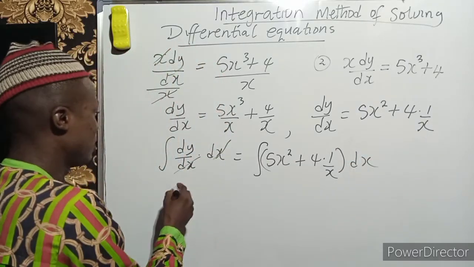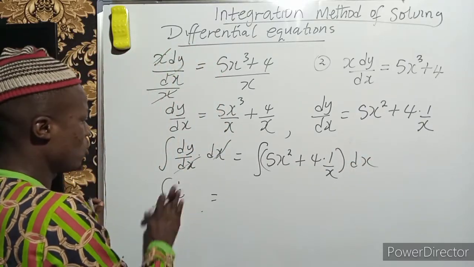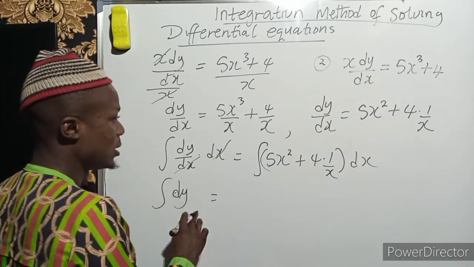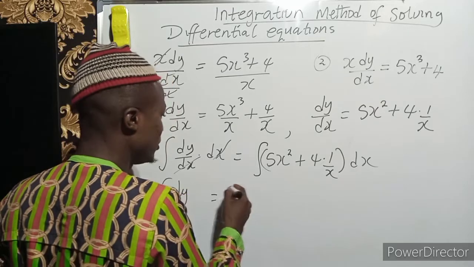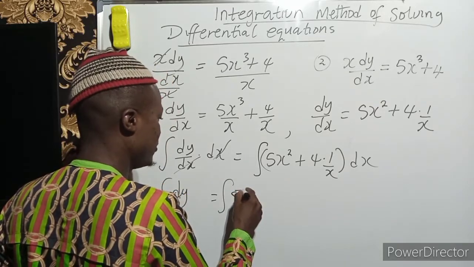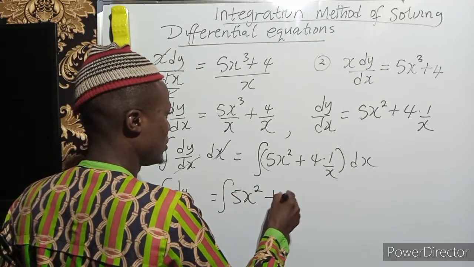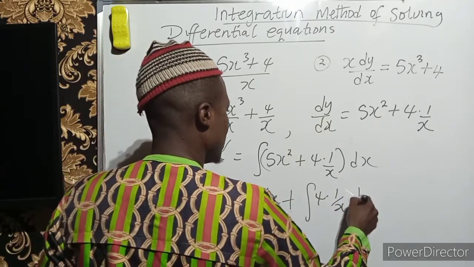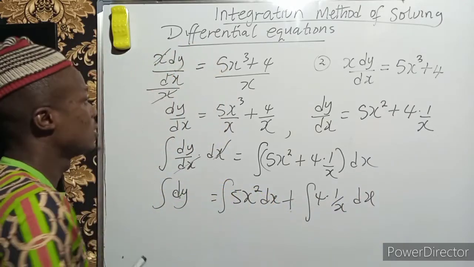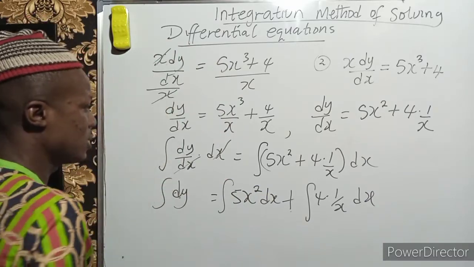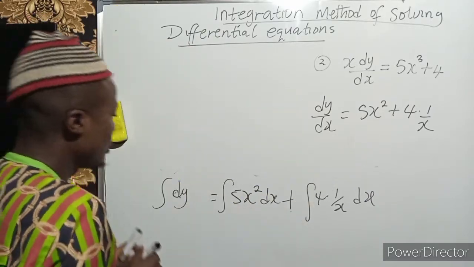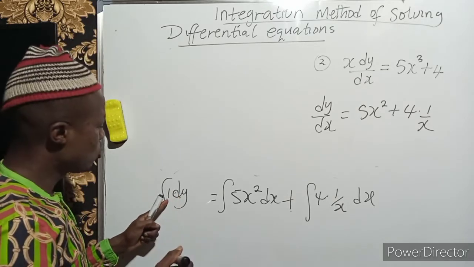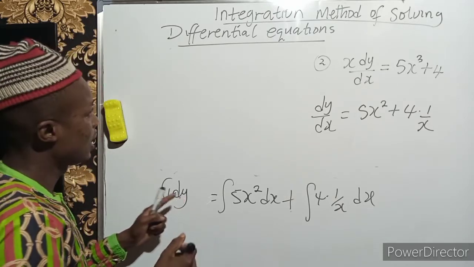This cancels out, so I'm left with integral of dy only, because the dx has cancelled, equals integral of 5x squared plus integral of 4 times 1 over x with respect to x. So I'll clean up here to complete this. At the end of the day, this dy is just like saying 1 dy, and when you integrate 1 with respect to a particular letter, you get that letter.